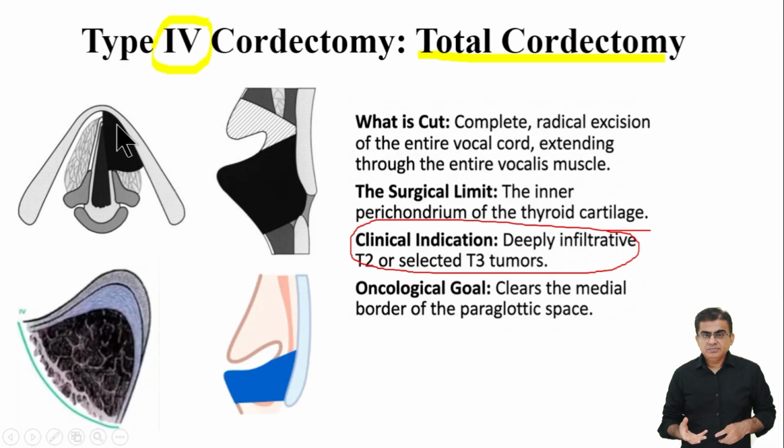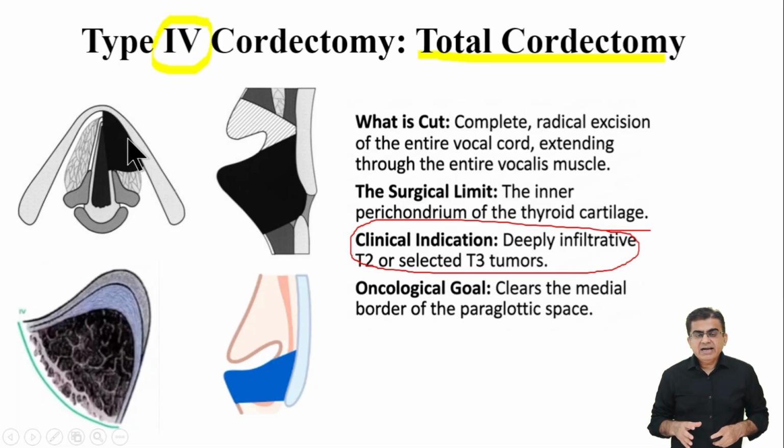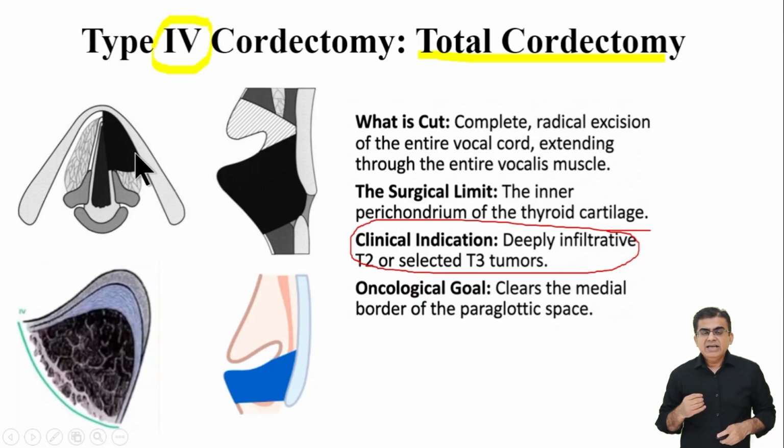See here. The contralateral side paraglottic space. In this type of cordectomy, the tumor is excised till that medial border of the paraglottic space. Because you are removing the entire vibratory mass, the entire vocalis muscle, the functional trade-off is very poor in this type of cordectomy.